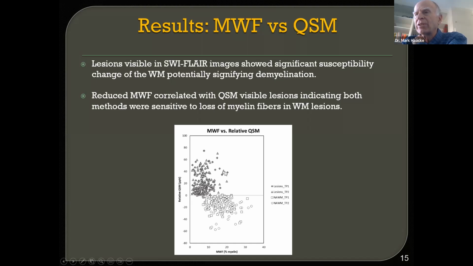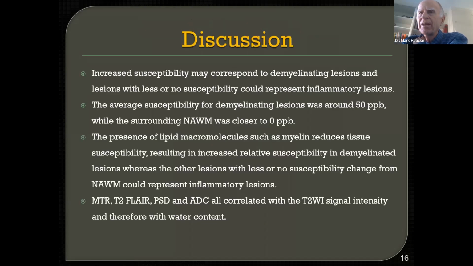And that's why I was saying we believe that by mapping out the susceptibility, we can say how demyelinated a lesion is. So increased susceptibility may correspond to demyelinating lesions, and lesions with less or no susceptibility, but that still show on the FLAIR images, represent inflammatory only lesions.